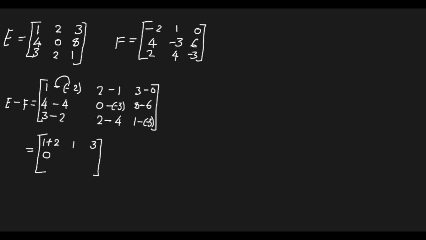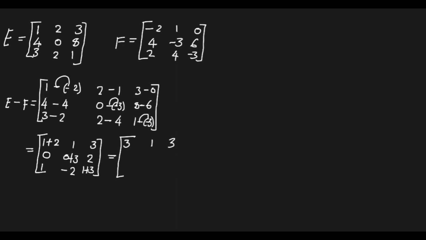Then here we have this negative, so it's 0 plus 3. 8 minus 6 is 2. 3 minus 2 is 1. 2 minus 4 is negative 2. Here we are also going to multiply negative times negative, so this will be 1 plus 3. So our final answer, 1 plus 2 is 3.